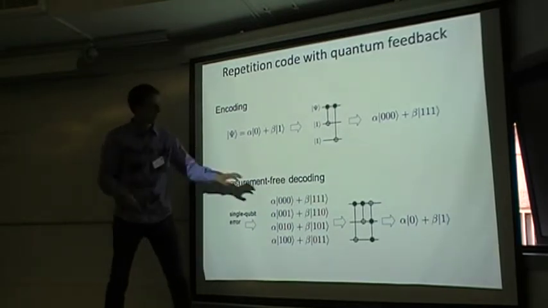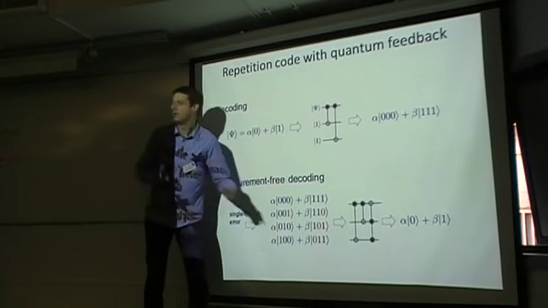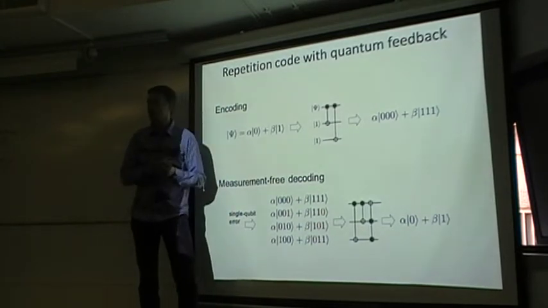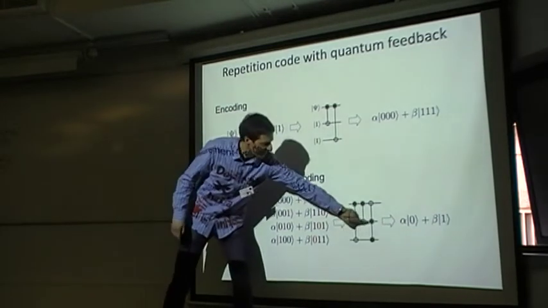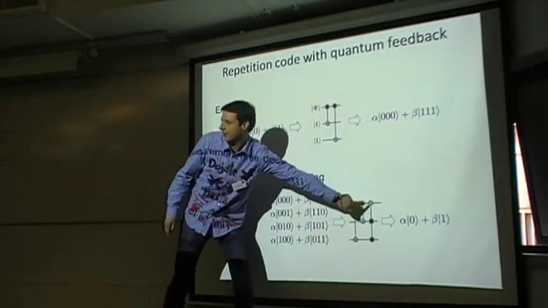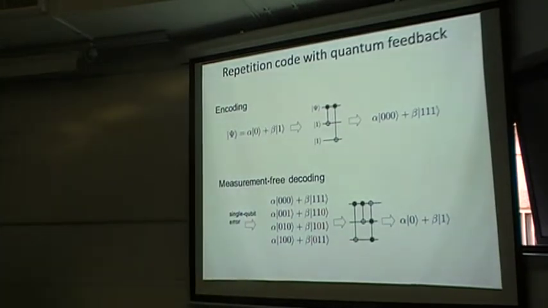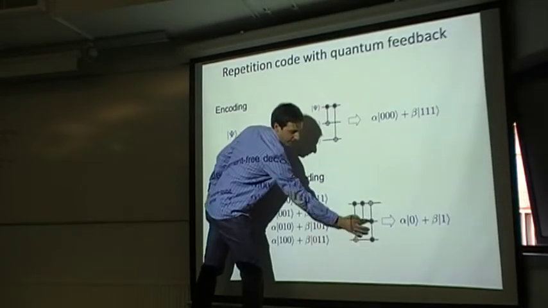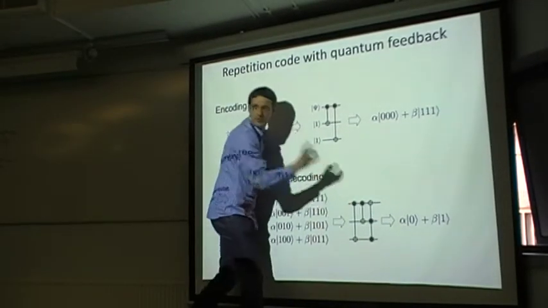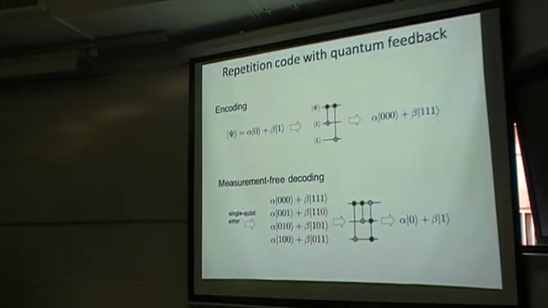It's not entangled anymore with the first ion after these 2 CNOT operations. And the 1-1 now tells you, okay, flip the first ion back. And that's exactly what this Toffoli operation does. If this one is 1 and this one is 1, then it flips the first ion. So that's the standard repetition code with the quantum feedback. Usually people before had just measured these 2 states and corrected it by a controlled qubit rotation. But you can also do it with the Toffoli operation.